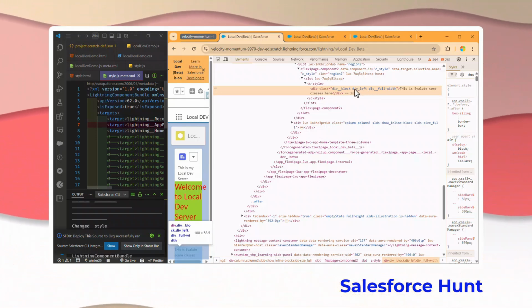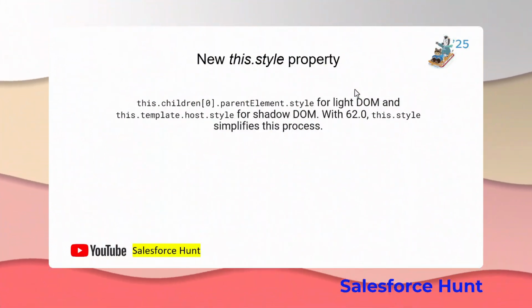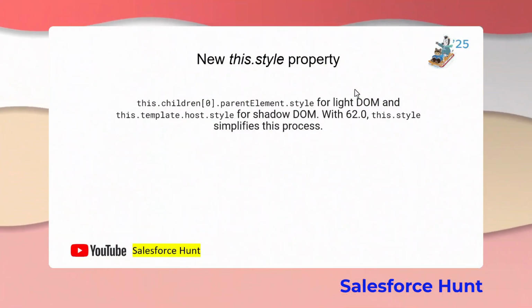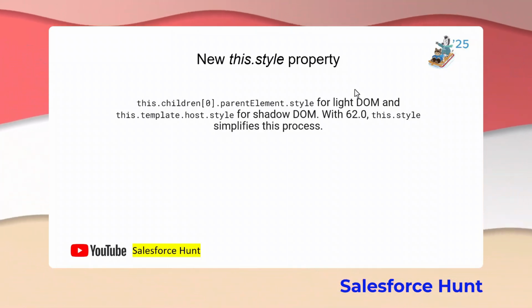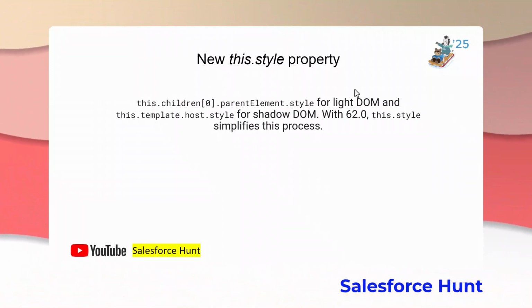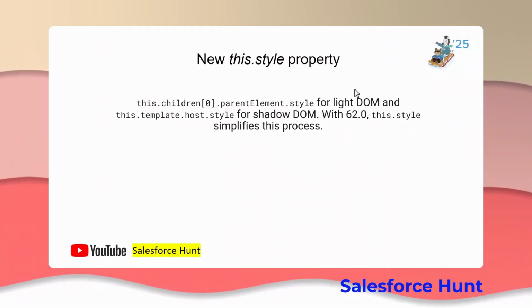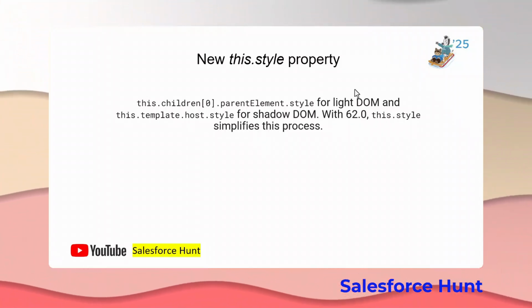Okay, so this is another feature. Let me move on. The next feature is the new this dot style property. So previously, this is a very important feature if you are working on an old API version, this dot children first of array and the parent element dot style for Lightning DOM, and this dot template dot host dot style for the shadow DOM.